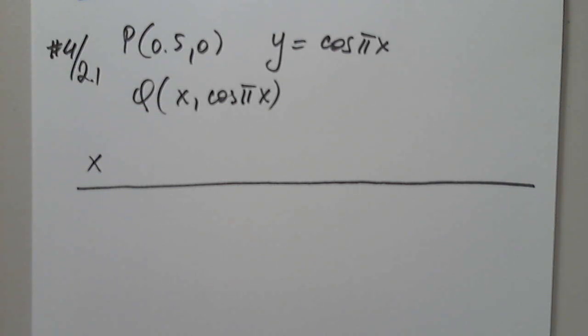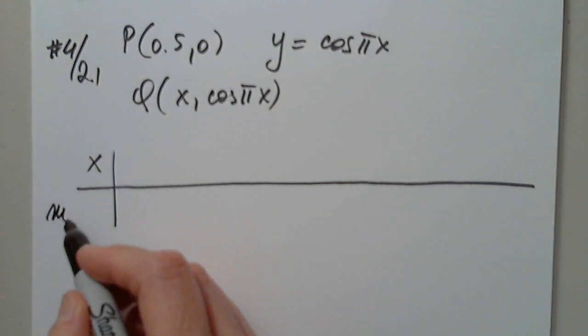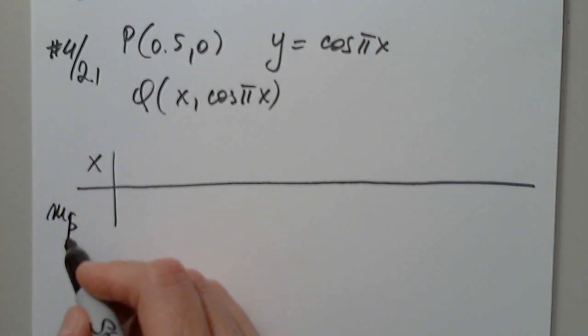The smallest is 0, the largest is 1, so I have 0 on the left and 1 on the right, and then I will put here the slope of PQ.